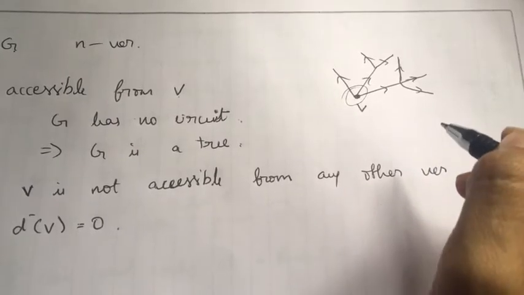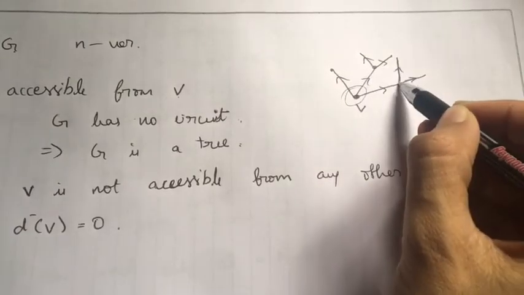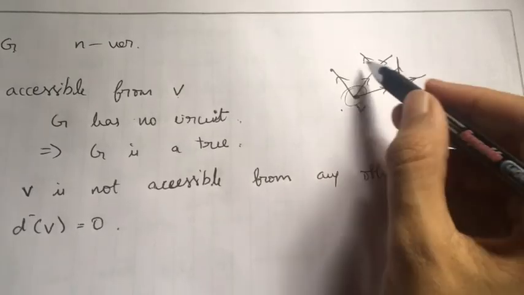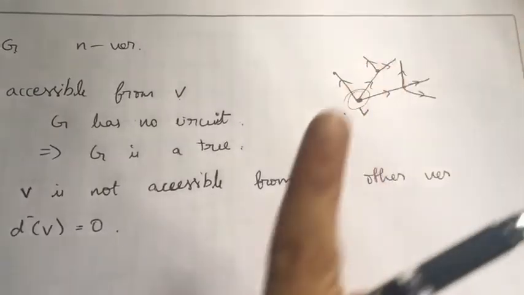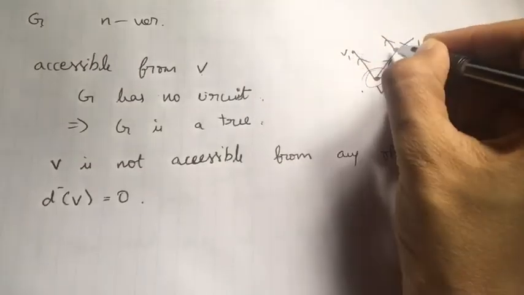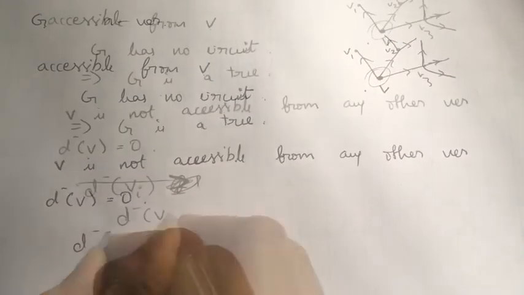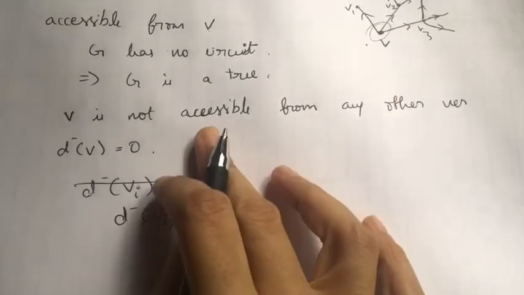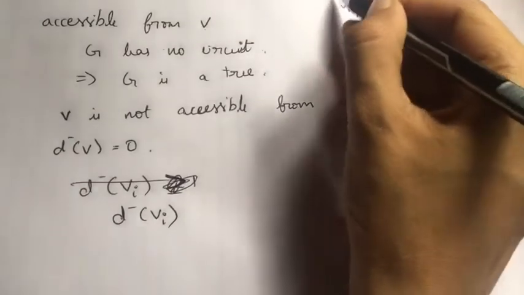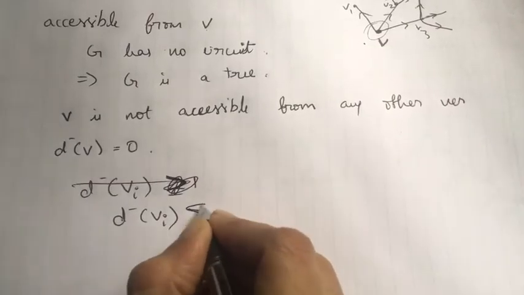And every other vertex which is accessible from V, the in degrees of each of these vertices, say V1, V2, V3, like that, must be at least 1, since V is not accessible from any other vertex.